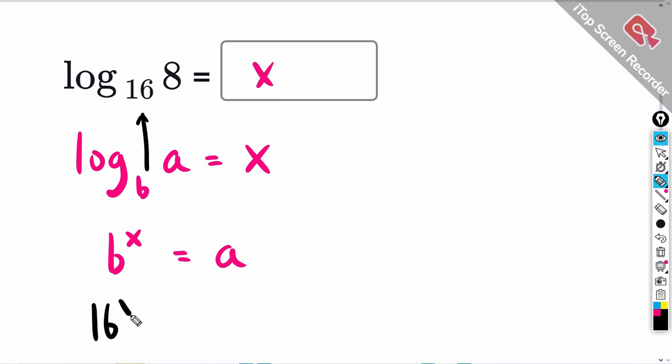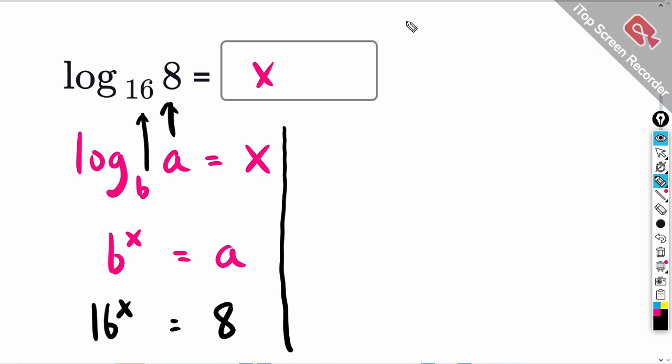X is the term we don't know. And a is clearly 8. Now, in this case, I cannot write 16 in terms of 8 to a certain power. So we are going to have to break up both of these. 16 is 4 squared, but I can't do 4 to a certain power to get 8. So we're going to have to go all the way down to the number 2.